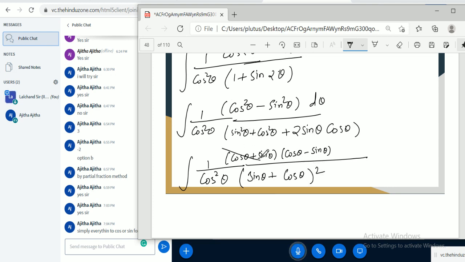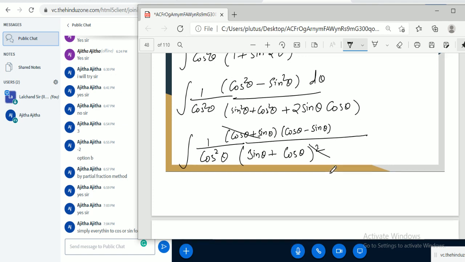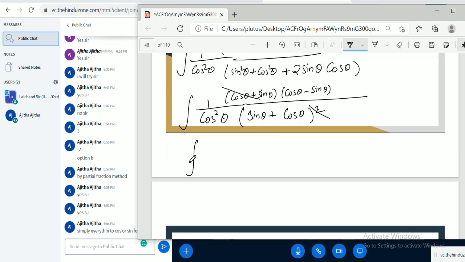So this factor gets cancelled, and if we rearrange the left out term, this is 1 by cos square theta, and this is cos theta minus sin theta, and this is sin theta plus cos theta into d theta.